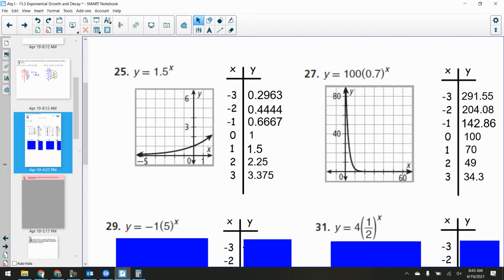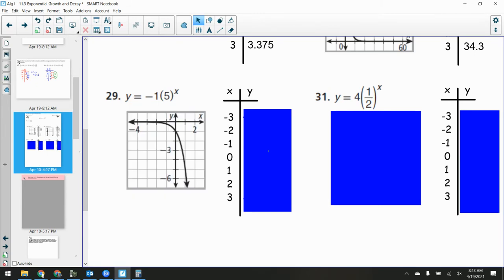I'll give you a minute to look at those. Any questions on 25 or 27? Okay. And then let me scroll down so you can see 29 and 31.